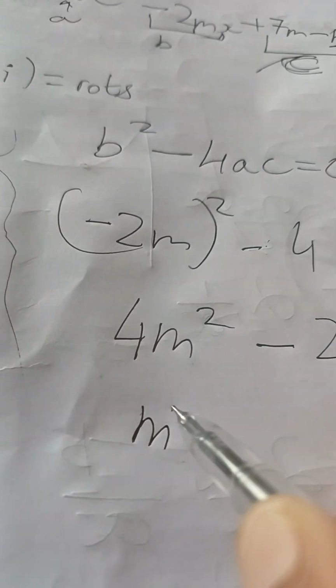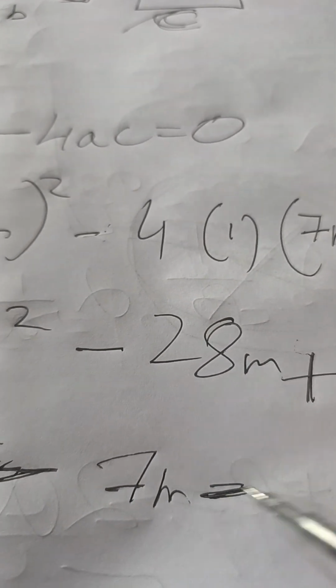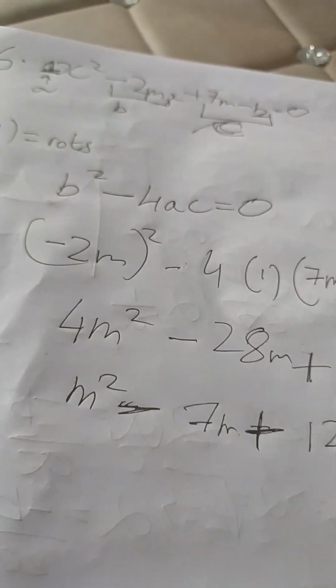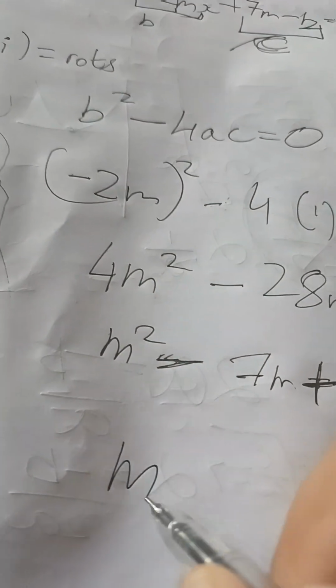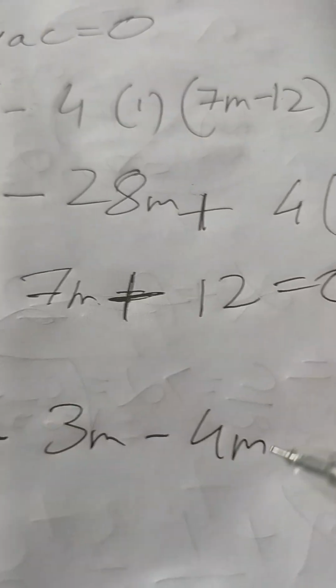So m square minus 7m and m plus 12 is equal to 0. Okay guys, which means 12 is like m square minus 3m minus 4m plus 12, it's still 0.